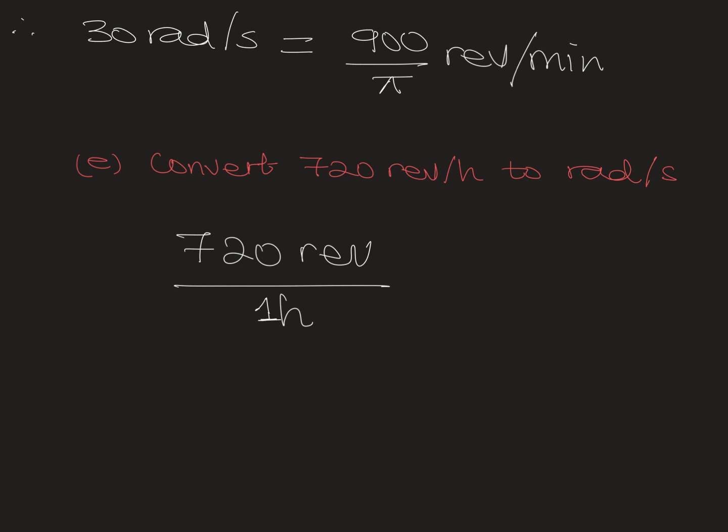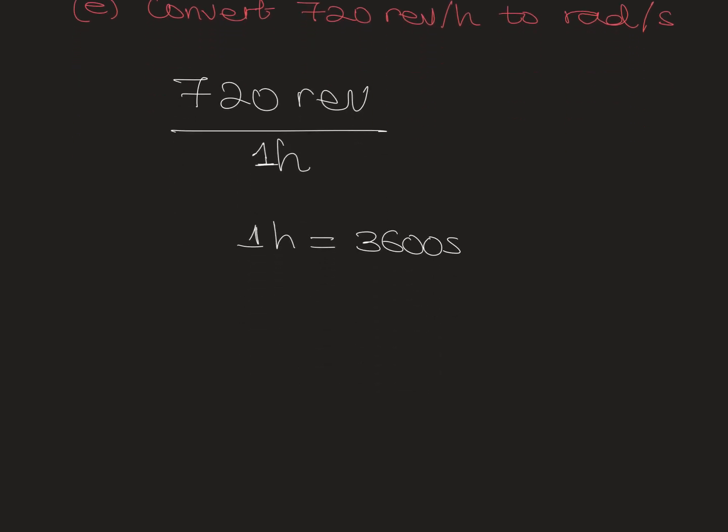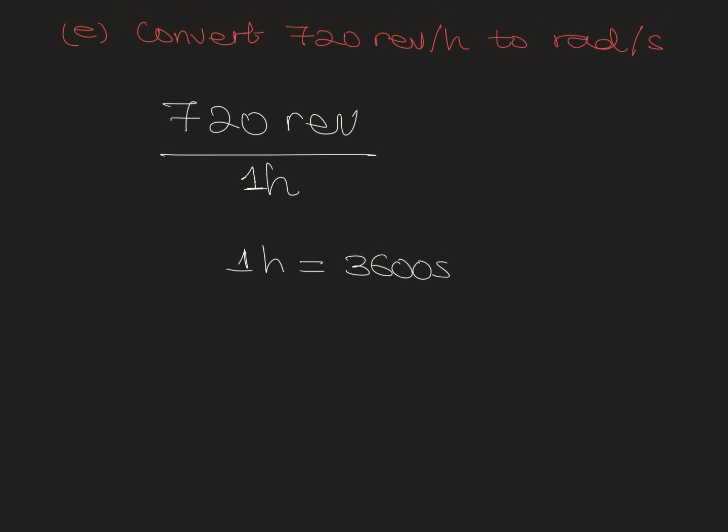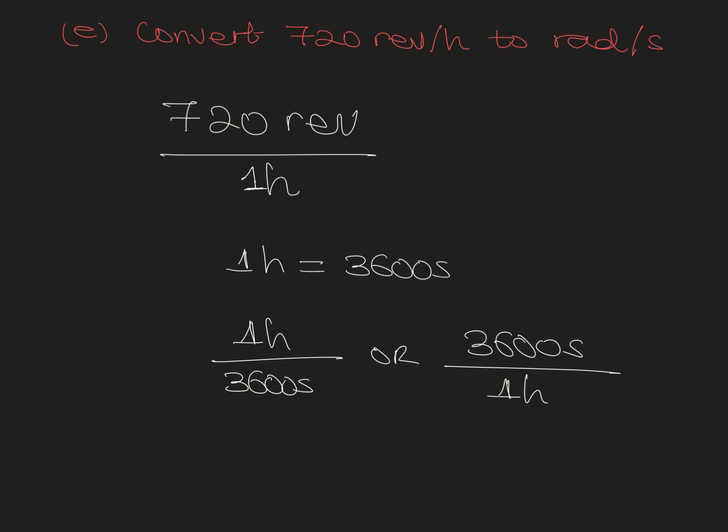We know that 1 hour is equal to 3,600 seconds. So if we should express that in fraction, should it be 1 hour over 3,600 seconds or 3,600 seconds divided by 1 hour? Well, if hour is a denominator here, we have to multiply it where it is a numerator.